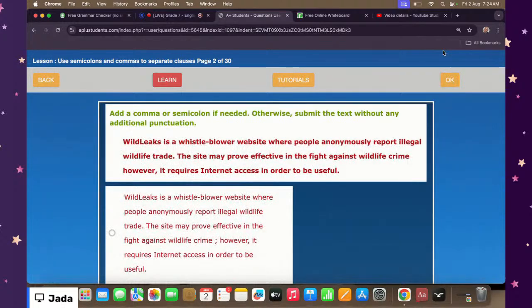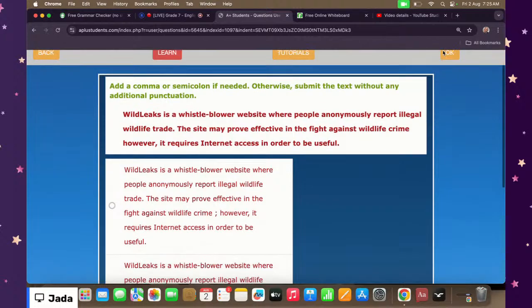Wild Leak is a whistleblower website where people anonymously report illegal wildlife trade. The site may prove effective in the fight against wildlife crime. However, it requires internet access in order to be useful. So it says to add a comma or semicolon if needed, otherwise, submit the text without any additional punctuation.